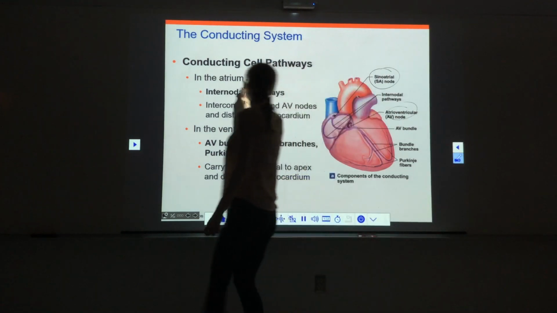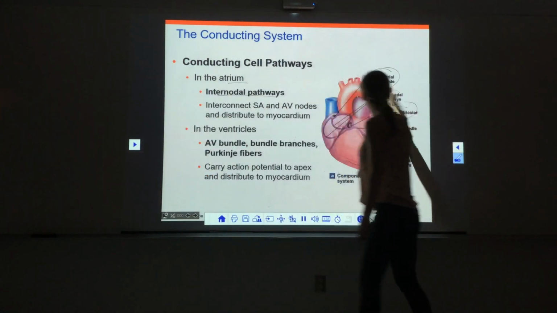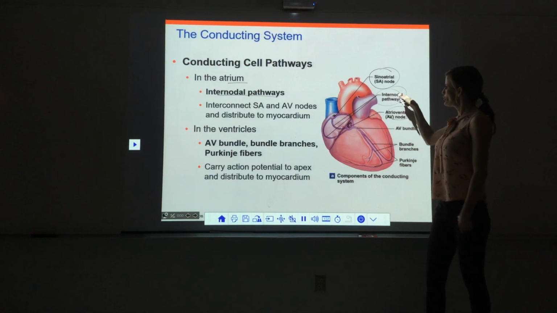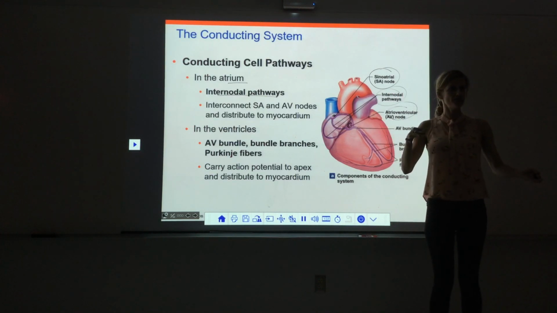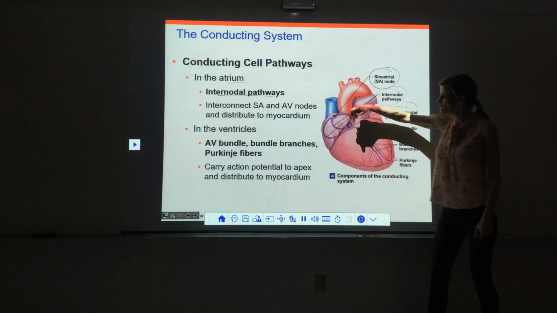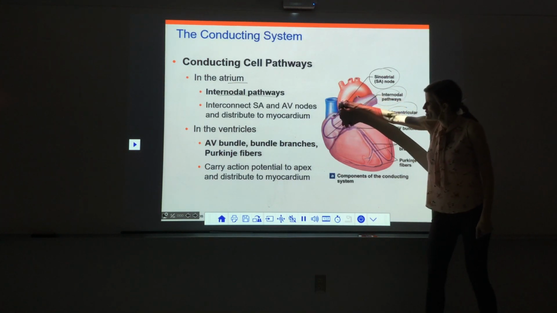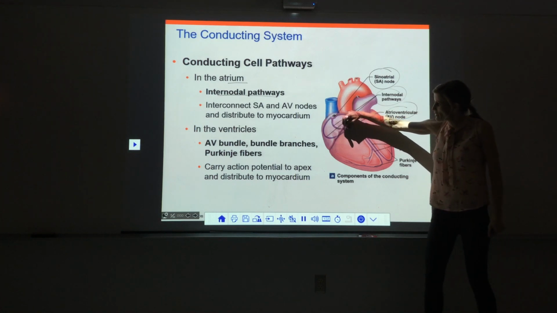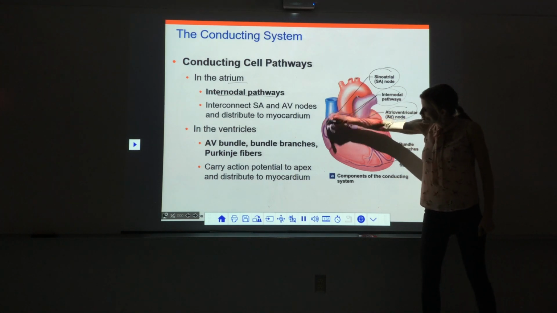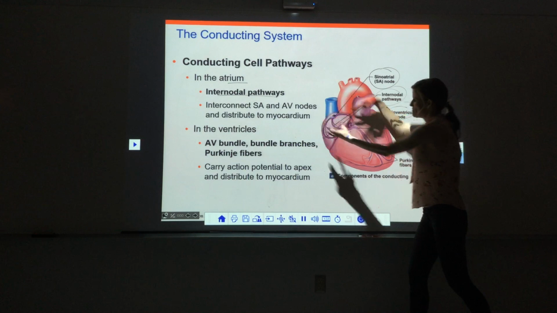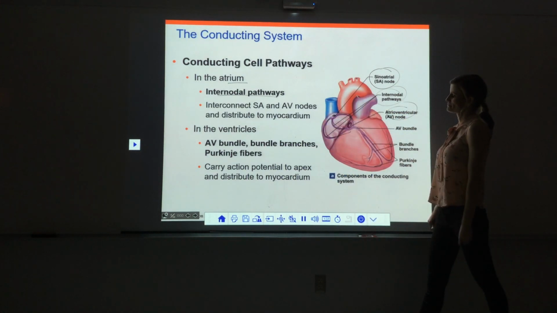Up here in the atrium, we have internodal pathways, between the nodes, from the SA node to the AV node. We've got all these electrical cells arranged in between these two nodes.